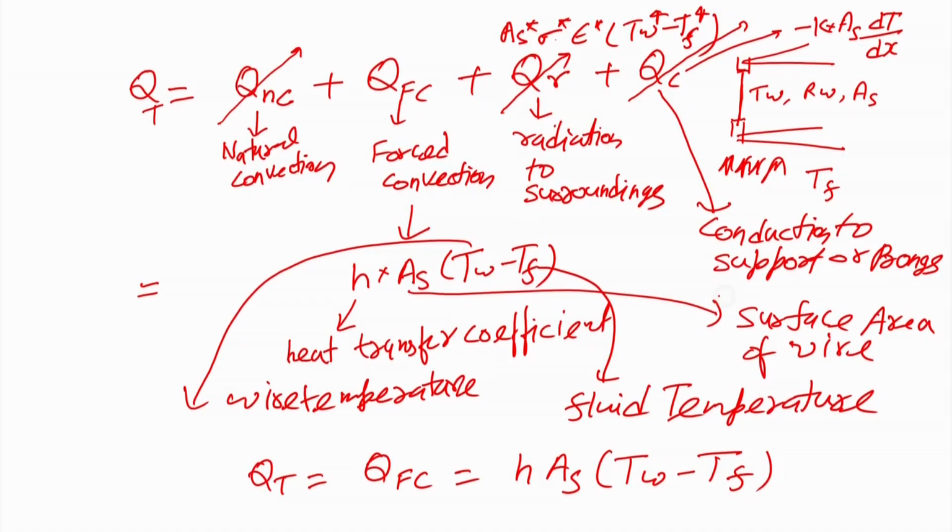Now, we know how the wire temperature or resistance will change with this heat loss. For that we know the correlation between the wire resistance and the temperature, and that is given as RW equal to R reference, a reference resistance which was there earlier, into 1 plus a constant alpha into TW minus T reference.